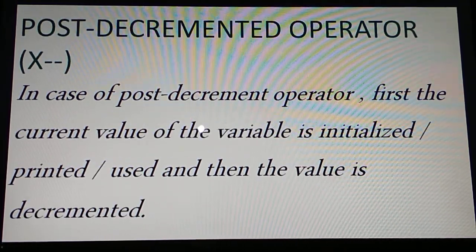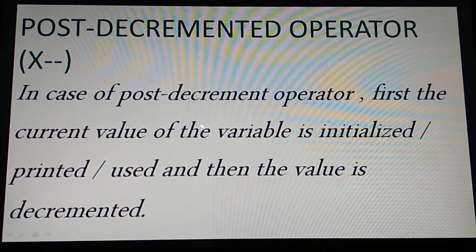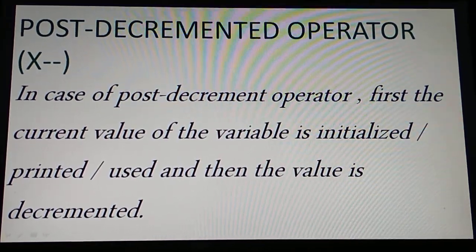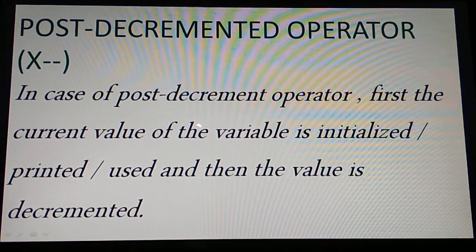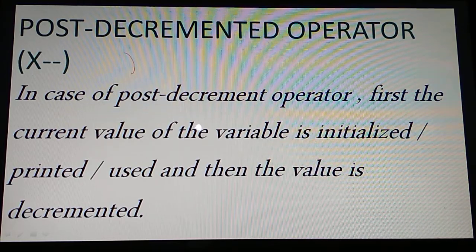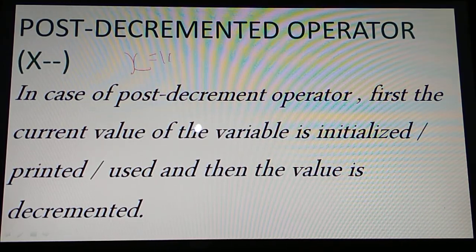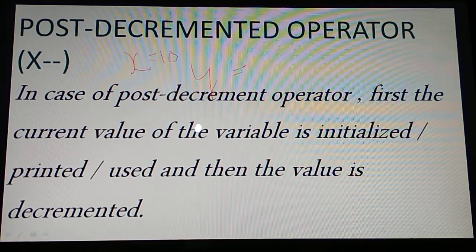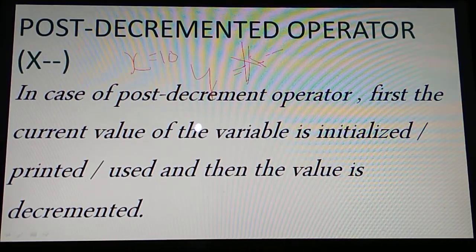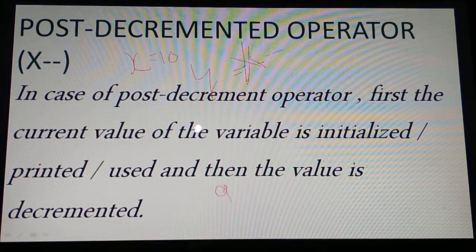And in case of the post-decrement operator, first the current value of the variable is printed or used, and then the value is decremented. Now I am writing here x equals 10 and y equals x minus minus. The output will be x equals 9 and y equals 10.